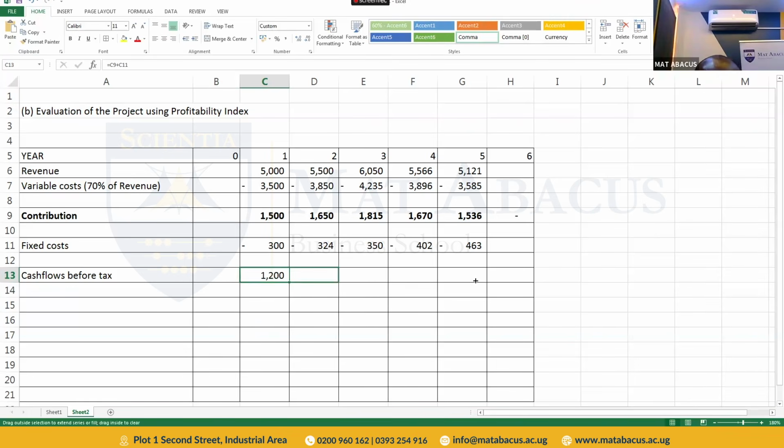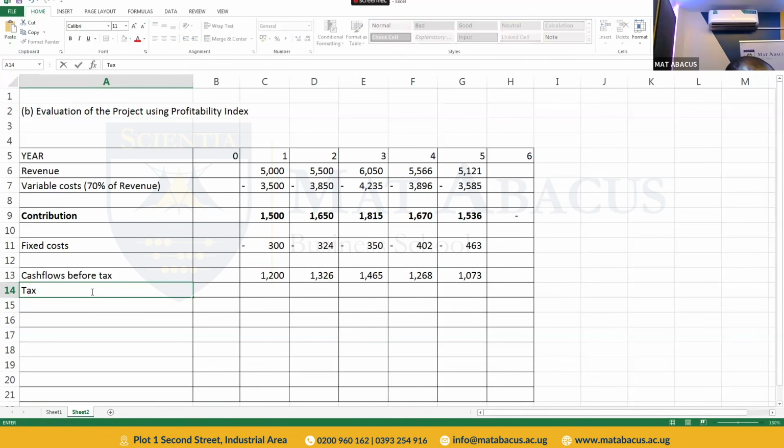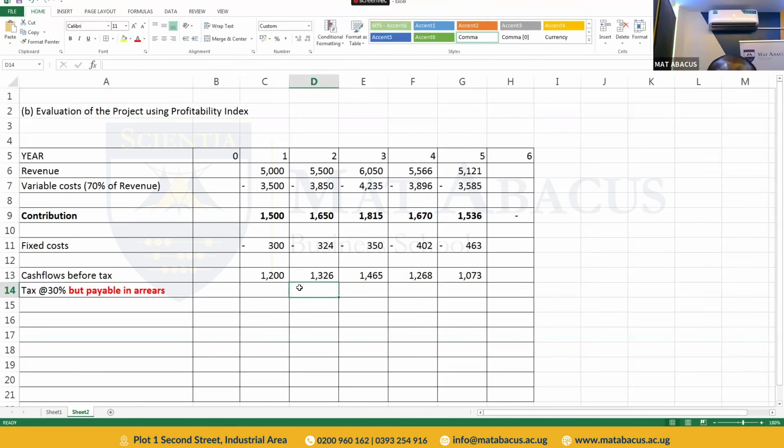And then I will charge my tax. The tax rate was at 30%. Now the tax rate being at 30%, taxes are in arrears. I'll write it here, but payable. In the exam, you will not write it there. Me, I'm writing it here because I'm really presenting. That means the tax of year 1 will be paid in year 2.